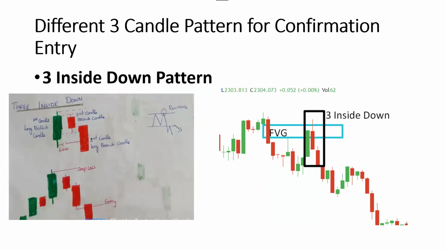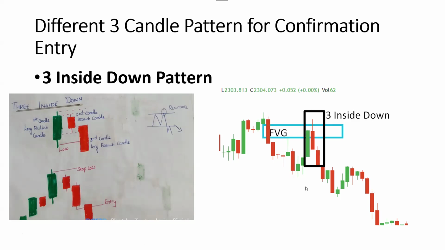The pattern is a full bull candle that is covered by 2 red candles. Once that is covered, then we can go for a sell entry. The resistance point shown here is nothing but my fair value gap. Once the market fills this gap, I can go for a sell entry from this. This is the first entry, the first 3 candle pattern, 3 inside down.